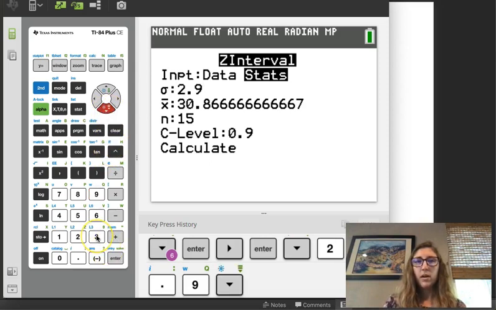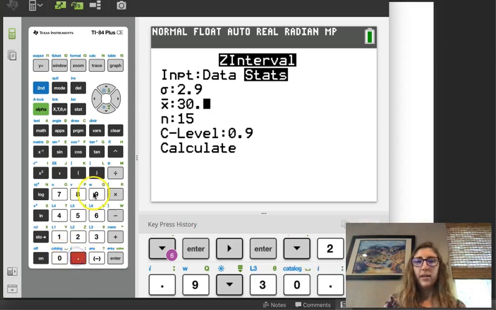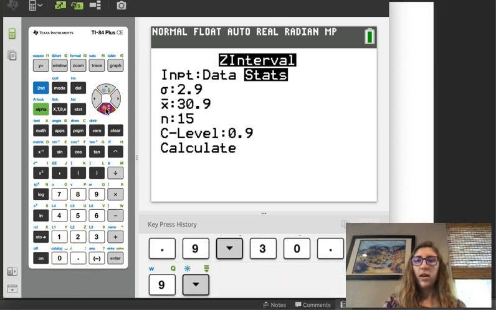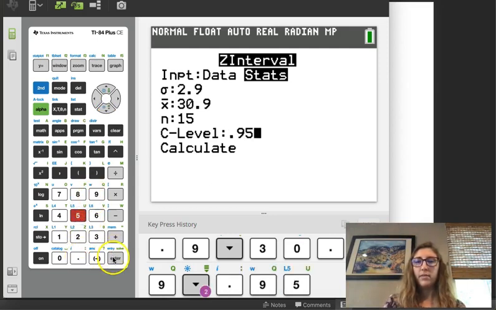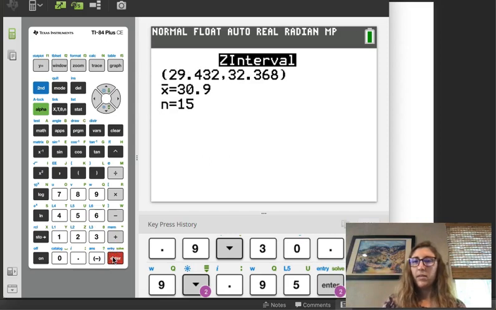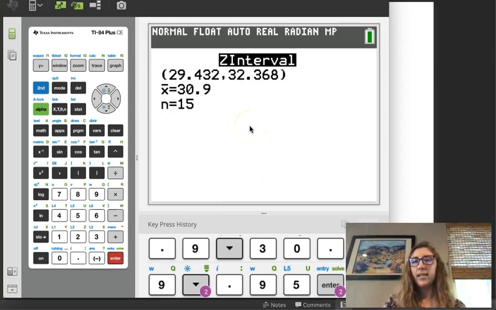Our x-bar was 30.9. Our n was 15. And our C level was 0.95. All right, so we calculate that and we get the exact same thing here. So our confidence interval would be from 29.4 to 32.4.